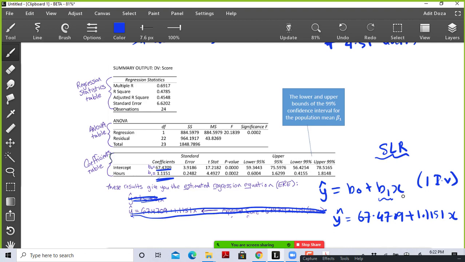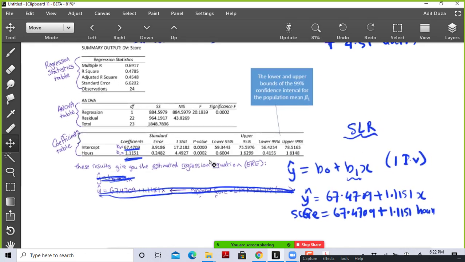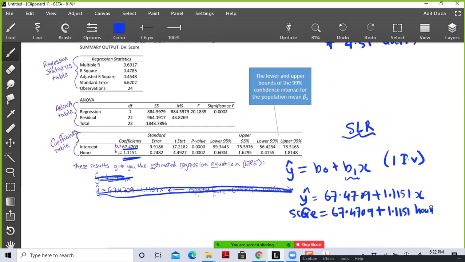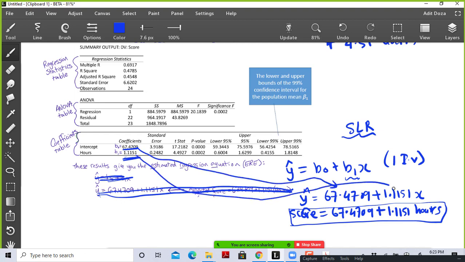And what is x? x is hours. So if you write the full form, your predicted score depends on this 67.4709, the beta 0, and 1.1151, and this is the hours of study you have put in. The more hours you put in, your average predicted score is going to go up. You can get all this information from the table. Beta 1 is here.